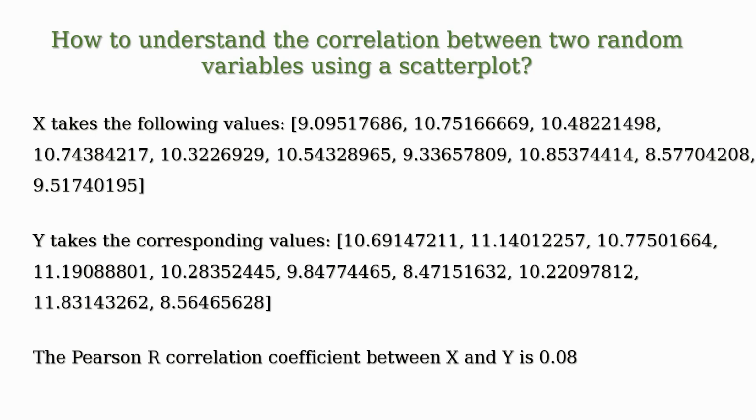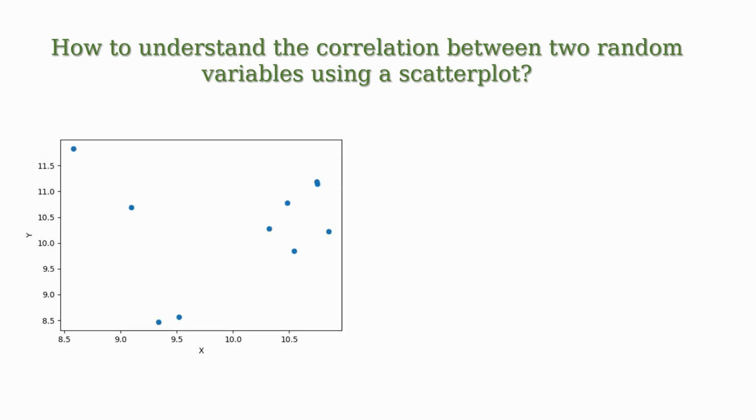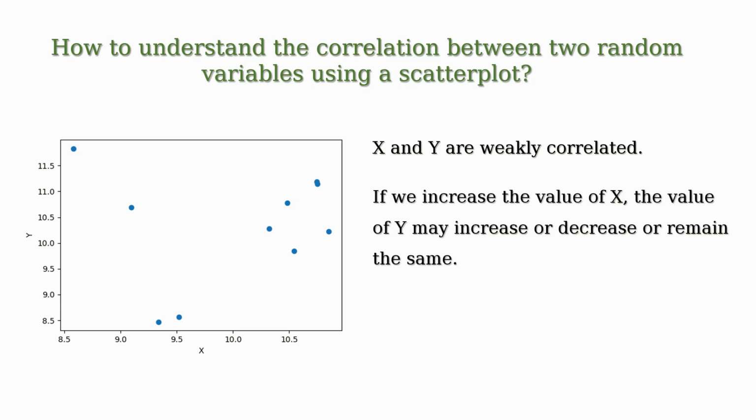And if we plot the values of x and y using a scatter plot, we see the following plot. From the scatter plot, it is clear that x and y are weakly correlated. If we increase the value of x, the value of y may increase or decrease or remain the same. In other words, the relationship between x and y is weak.